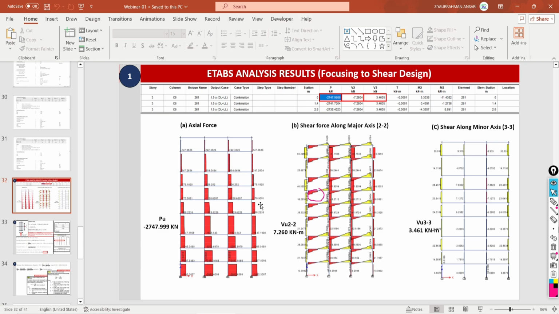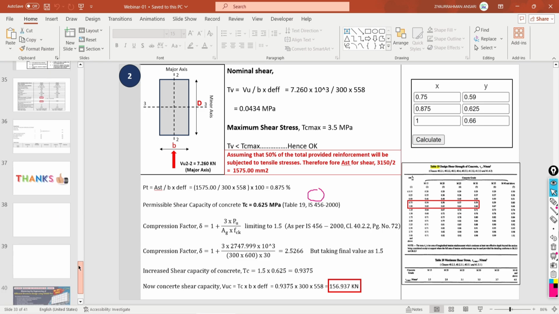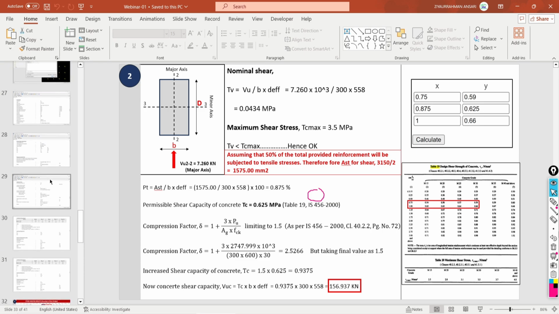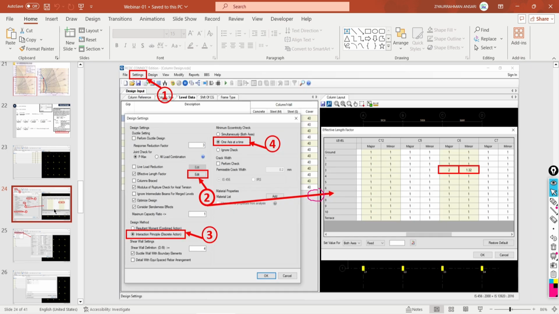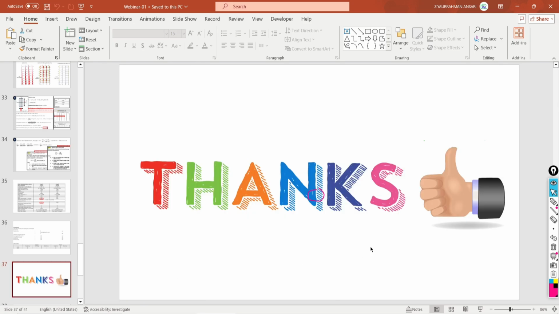So RCDC is giving the right results, and your manual calculation also proves out with RCDC if you follow all the guidelines as per IS 456, and shear design is also matching 100% if you follow the IS code and right practice. And the most important thing to keep in mind is that you have to keep the effective length factor under control when you use the STAAD RCDC software.